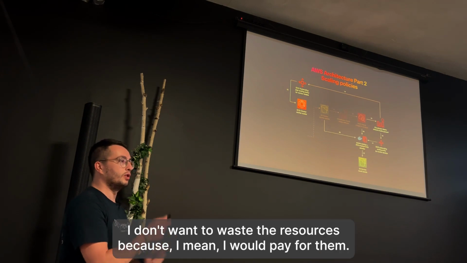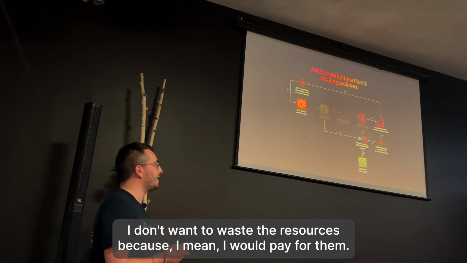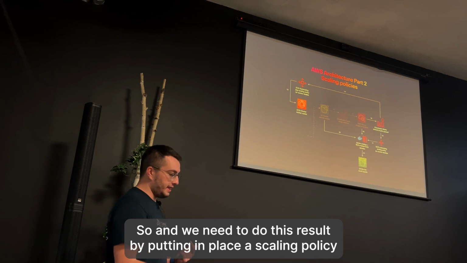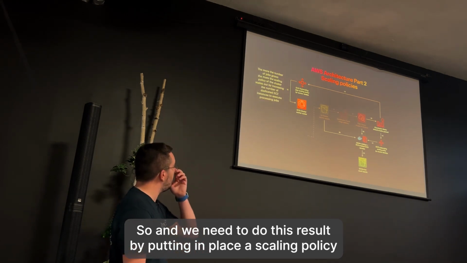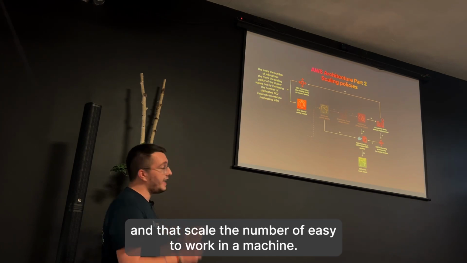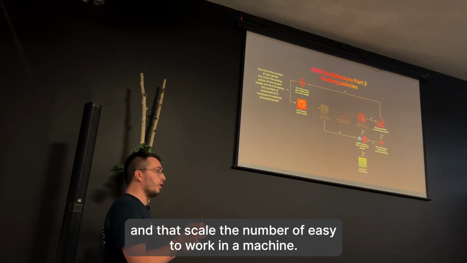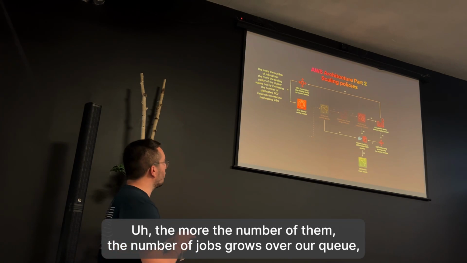At the same time, I don't want to waste resources because I will pay for them. We reached this result by putting in place a scaling policy that scales the number of EC2 worker machines the more the number of jobs grows over our queue.